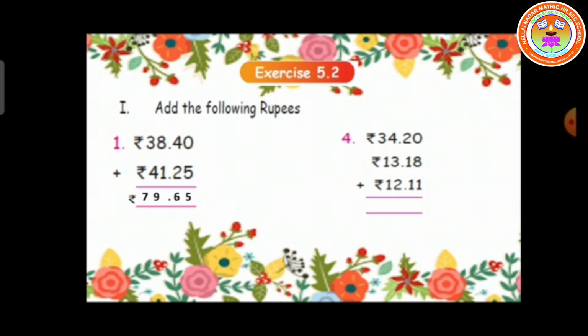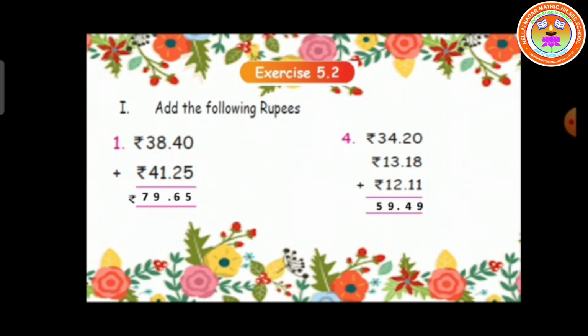Then fourth problem. It is like 3 digit addition. Okay. 34 rupees 20 paise, 13 rupees 18 paise, 12 rupees 11 paise. What is the value? 0 plus 8 is 8, 8 plus 1 is 9, 2 plus 1 is 3, 3 plus 1 is 4.